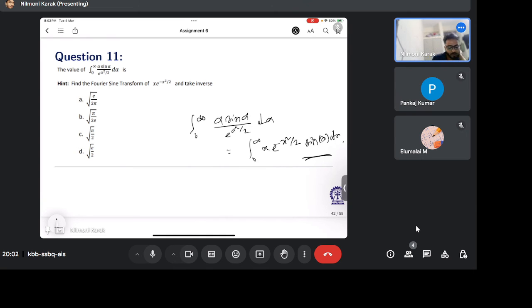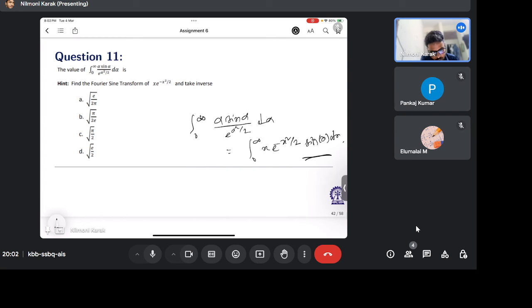Okay, so this is the Fourier sine transform at the point when alpha equals 1.